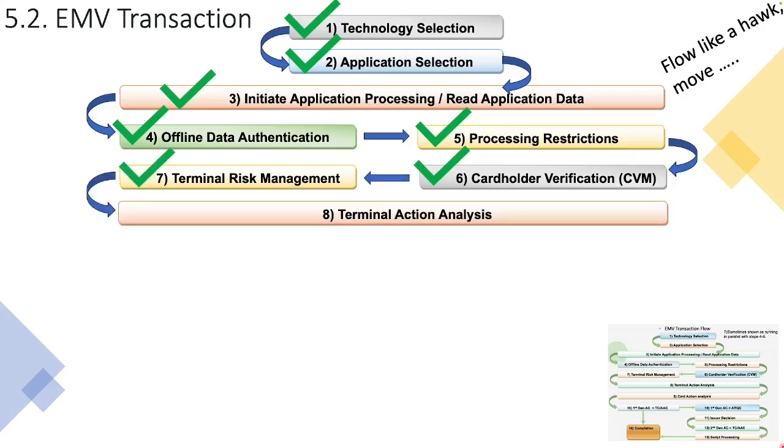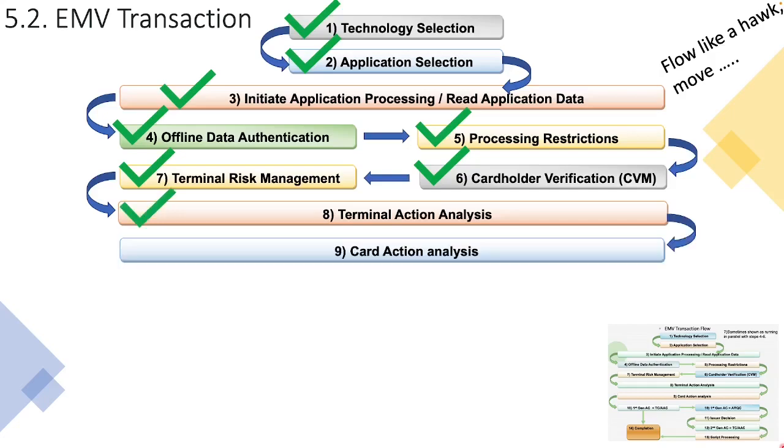We then go into step 8, where the terminal considers all of the conditions and compares. So it considers all the conditions it found in the transaction, and it compares it against a set of rules, to formulate an opinion in terms of how it would like the transaction to end. Okay.